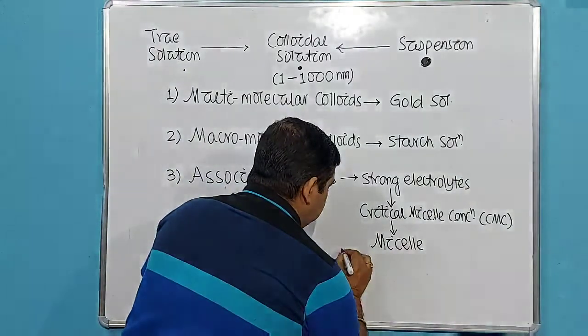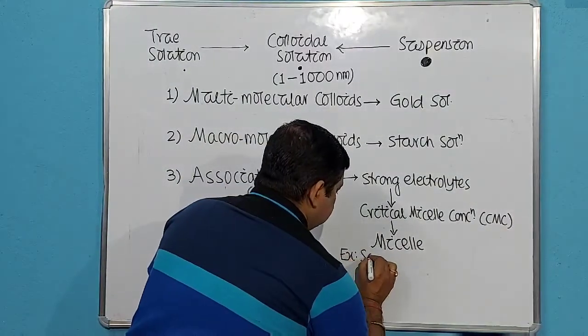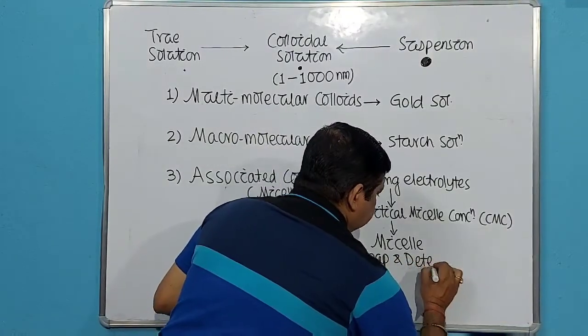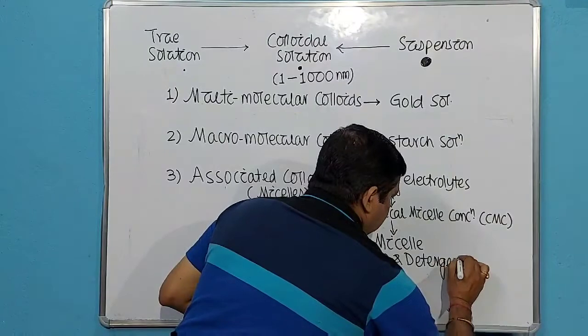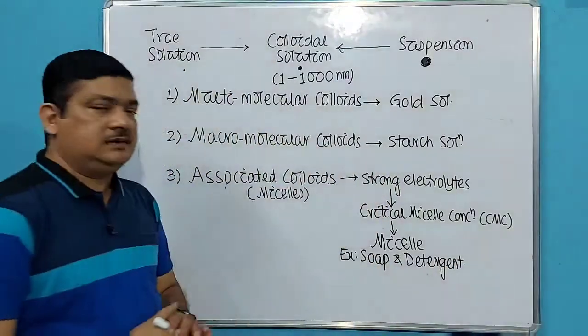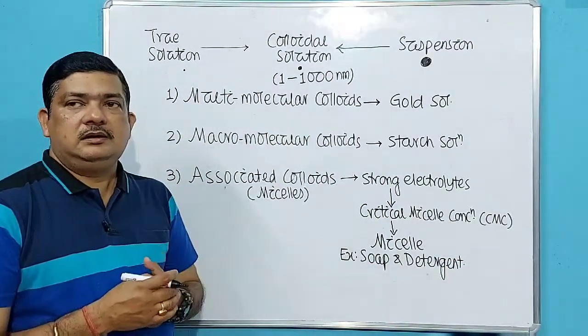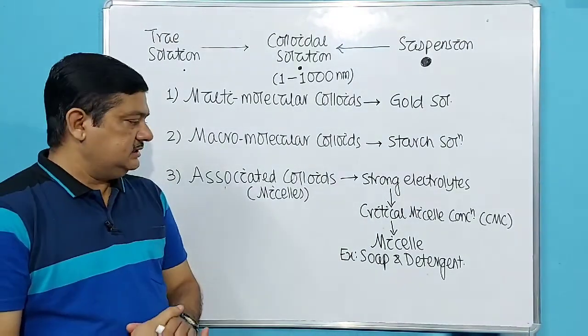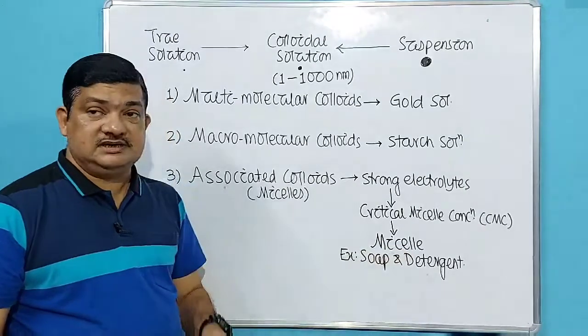Example, soap and detergent. So when we add them to water, you must have seen it, they repel dirt particles from the clothes. So it is due to formation of micelles.